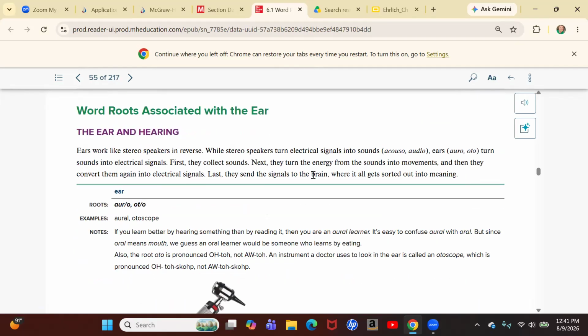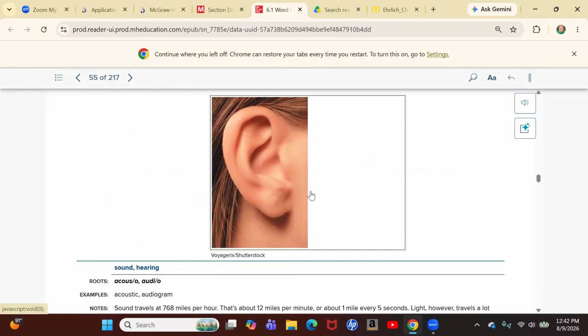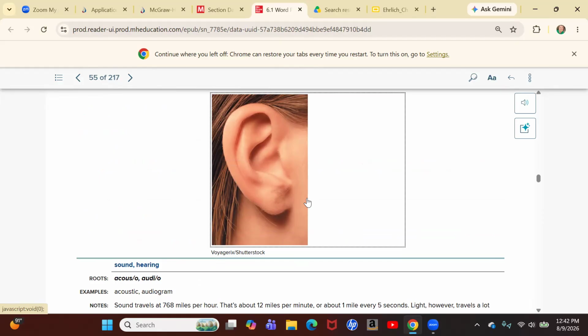When we look at the ear, the ear is our auditory sense, meaning our sense of hearing, and also your sense of equilibrium, your sense of balance. The middle and inner ears are responsible for a lot of your sense of equilibrium, your sense of balance in the world.